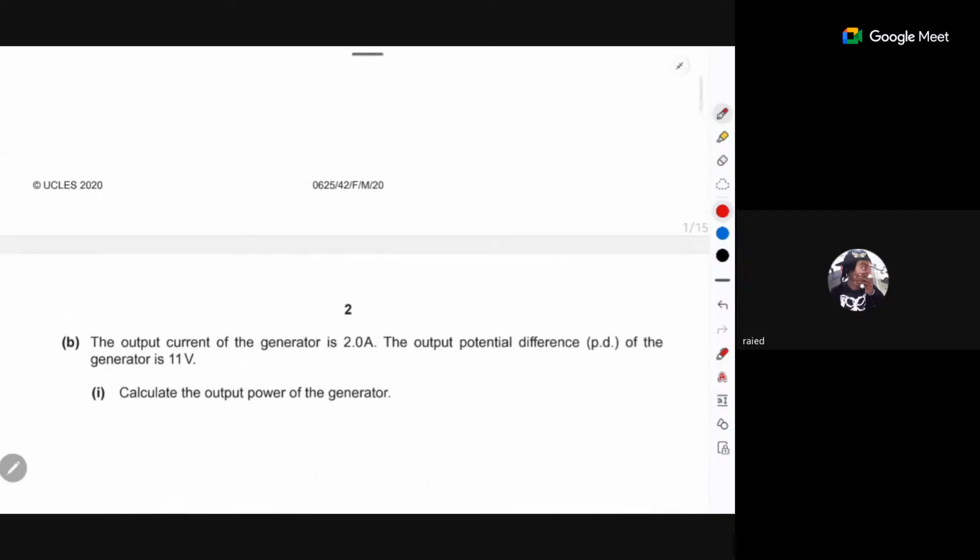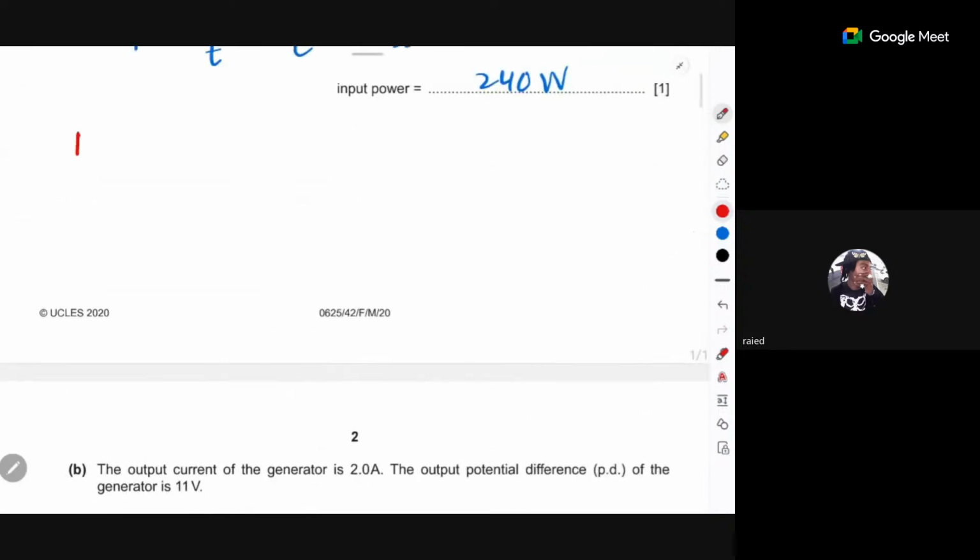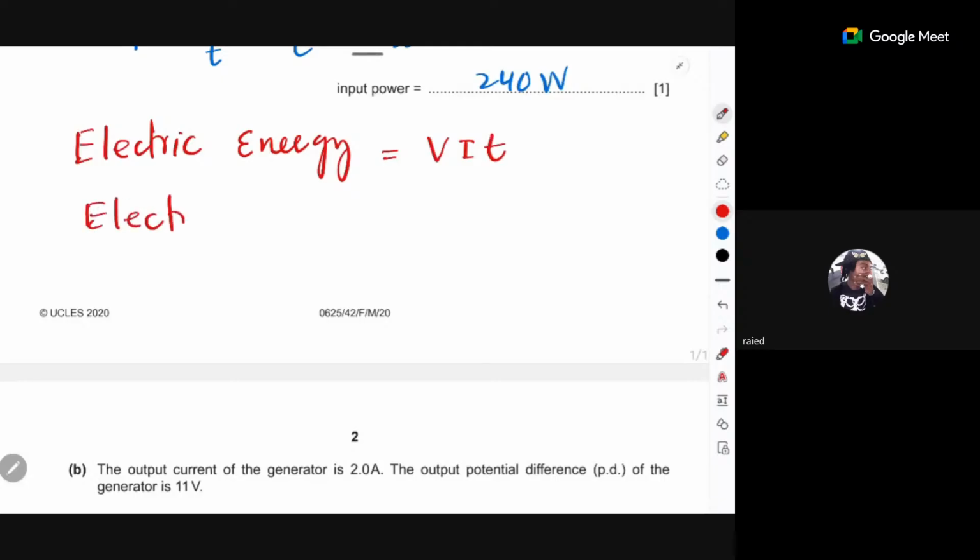Just recall the formula of electric power and electric energy. Electric energy is equal to VIT, and electrical power is equal to VI.